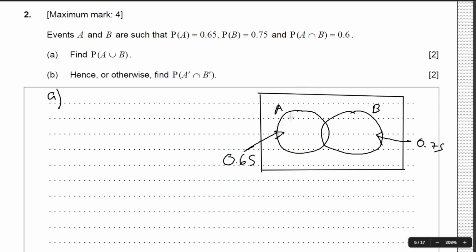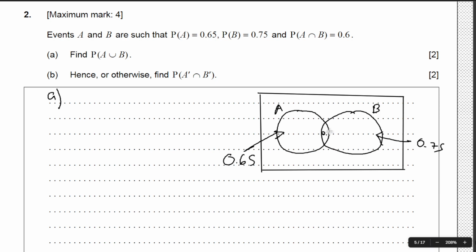Make sure that you understand that 0.65 includes this little intersection here, and the 0.75 also includes this intersection right here.